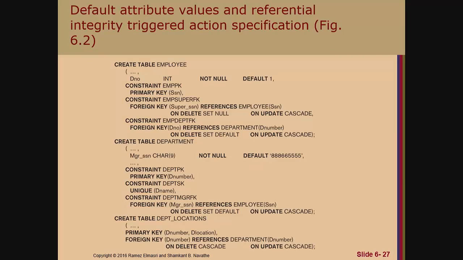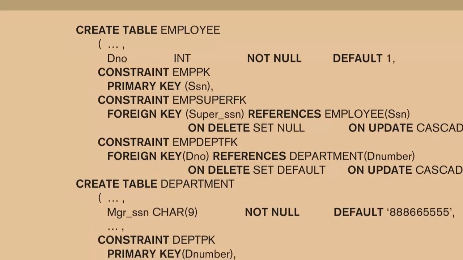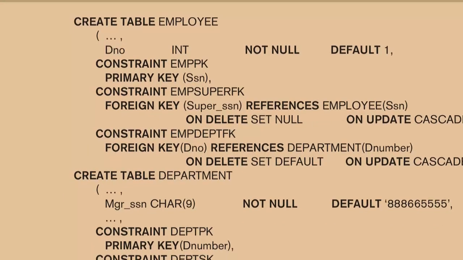Okay, this shows an example of the constraint. This one is for the employee table. In the employee table, we have here constraint EMPPK. Not easy to understand, but okay. It sets the primary key using SSN.